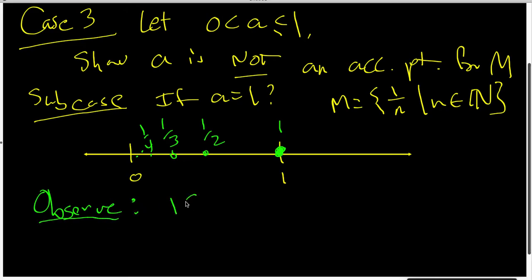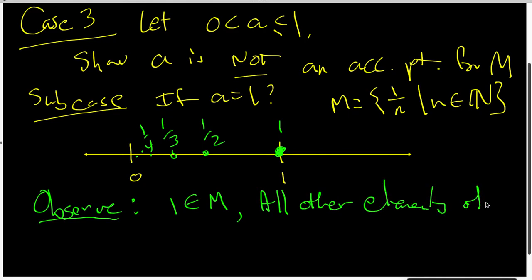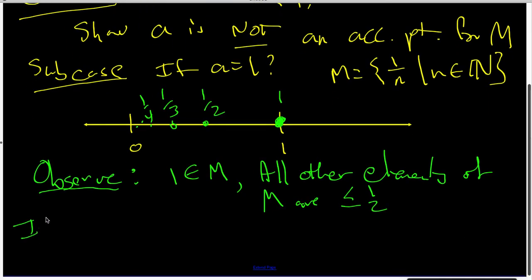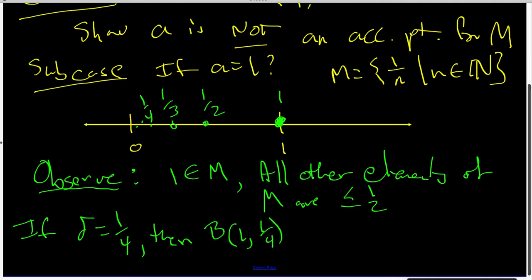I know that 1 is inside M, and I know that all other elements of M are less than or equal to 1/2. And so what that means is that if I let delta equal 1/4, then the delta ball centered at 1 of radius 1/4 looks like this.